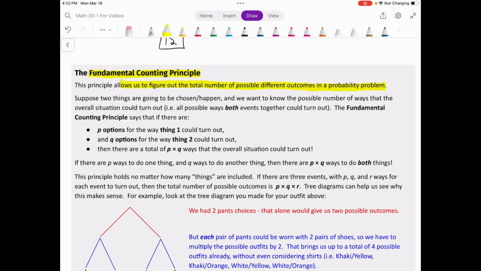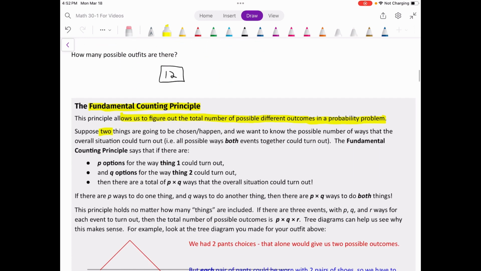So what does the fundamental counting principle actually say? What it's talking about is if 2, or as we'll see, it could be more than 2. In fact, in this example, it was 3 things. But suppose 2 things are going to be chosen or 2 things are going to happen, right? 2 different things have an outcome. And we want to know the possible number of ways that the overall situation could turn out, right?